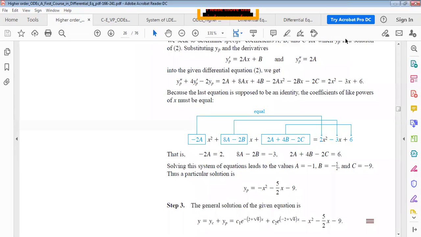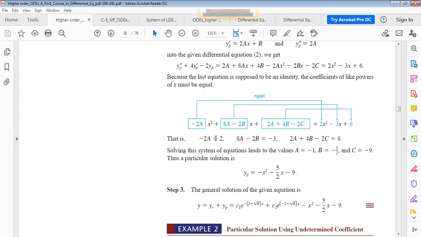Equating the coefficients of like terms on both sides, we get minus 2a equals 2, 8a minus 2b equals minus 3, and the constant equals 6. Now solving this, a equals minus 1, and putting the value of a here, we get b equals minus 5 by 2, and putting the a and b values, we get c.